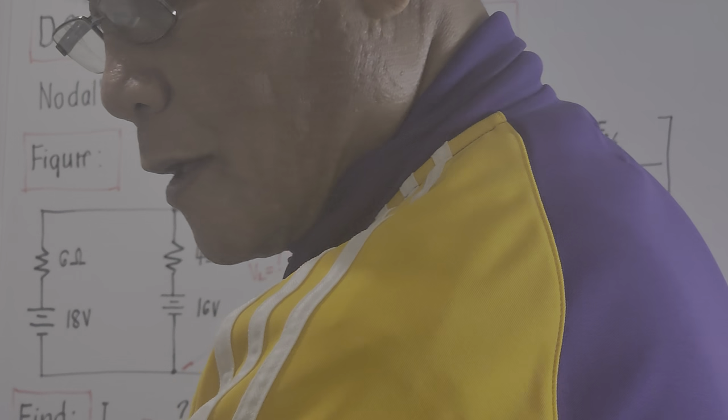Upon the computation of the total current, the voltage across this now will be 18 minus the total current times 6. And what will come out for V sub L will be 6.54.